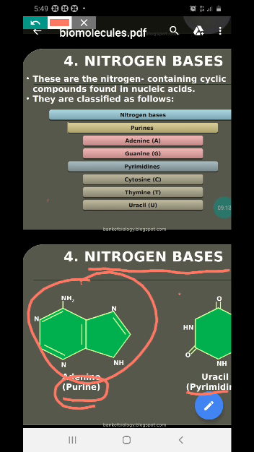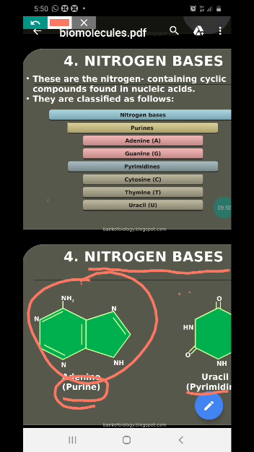When a purine or pyrimidine, that means a nitrogenous base, combines with a 5 carbon sugar molecule, it gives rise to a nucleoside. When this nucleoside again combines with the phosphate group, you get a nucleotide.